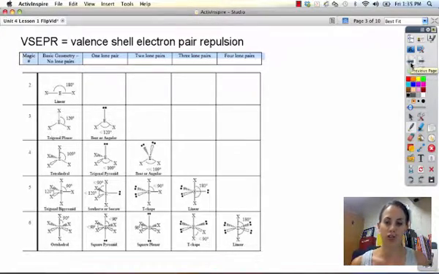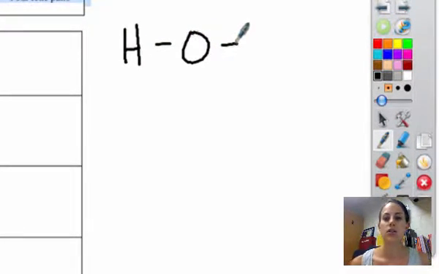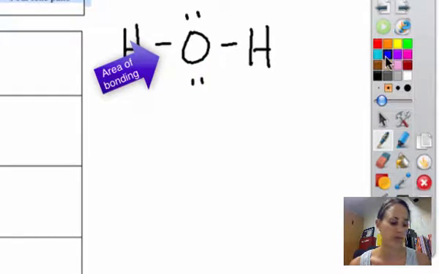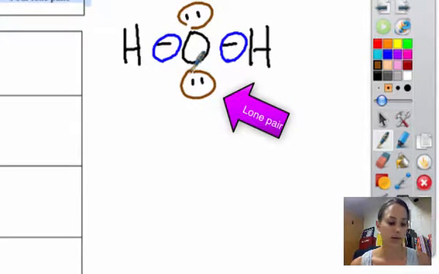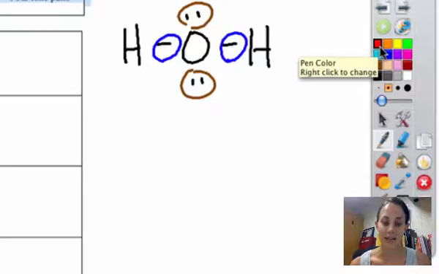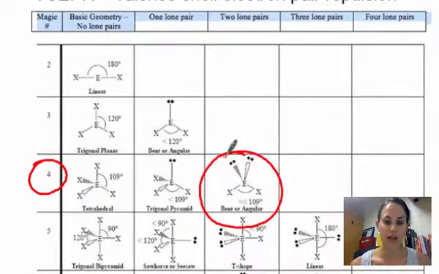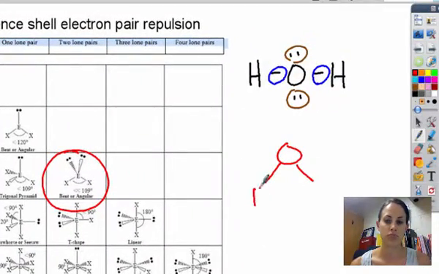Based on the correct Lewis structure, which we have just drawn for water, a water molecule has 2 areas of bonding and 2 lone pairs, which gives the magic number, technically a steric number, of 4, which makes this a bent shape. The bond angle here is 105 degrees, roughly. So we're just going to redraw this as a bent shape.